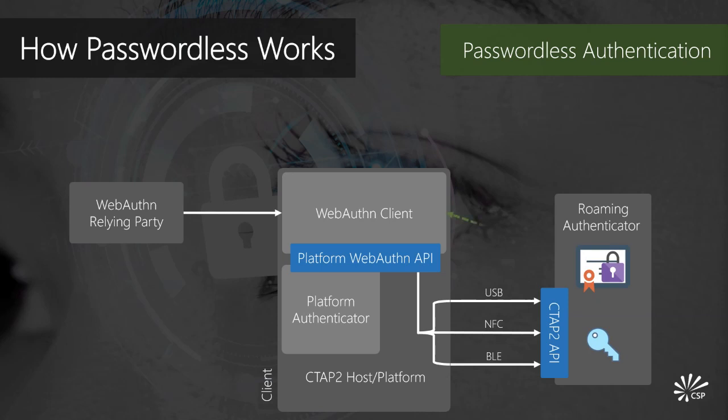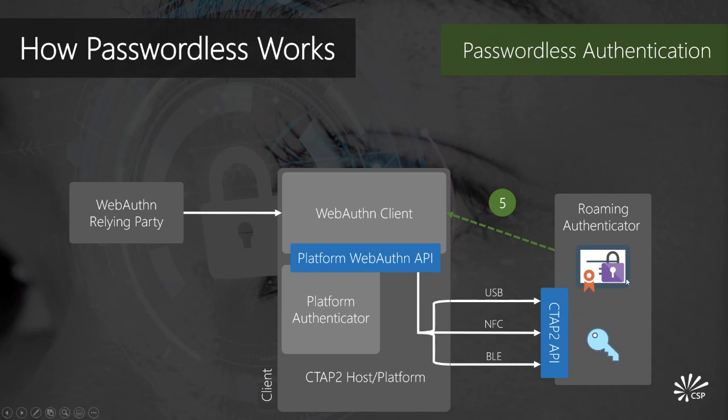Okay. So then what happens is the authenticator finds that stored credential, because now it's been unlocked through the biometric or the PIN or the gesture. And then it creates a response and sends the response back to the relying party. This response is pretty much that nonce, but now it's digitally signed with the private key.